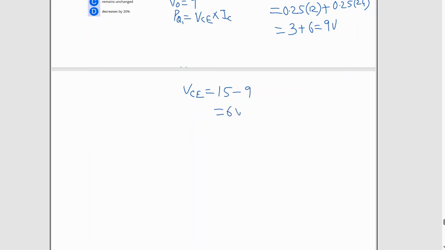So it is 6 volts. And what is IC? IC is almost equivalent to IE. And what is IE? IE is I12 plus the load current.